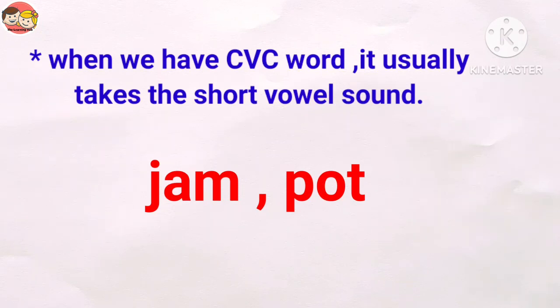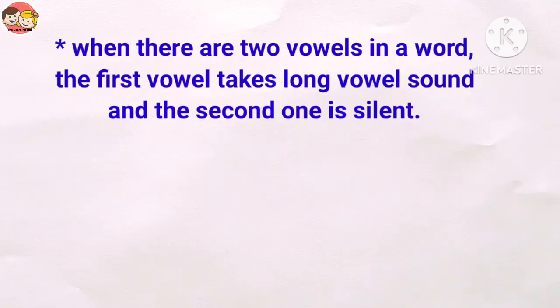This is a CVC word. Only one vowel is here, that is A. J, A, M. Jam. Pot. P, O, T. Pot. Next, when there are two vowels in a word, the first vowel takes the long vowel sound and the second one is silent.